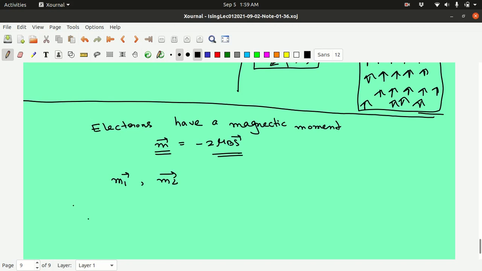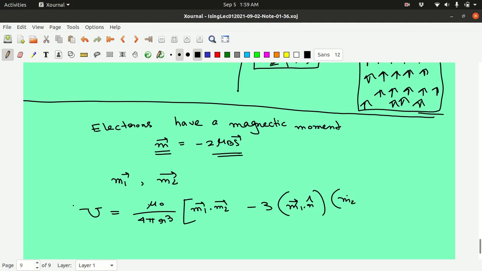Then the energy will be equal to mu 0 by 4 pi r cubed, times the bracket m1 dot m2 minus 3 times m1 dot r cap times m2 dot r cap. Now this formula you are very familiar with, I think; you might have studied it in electrodynamics, the interaction between two magnetic dipoles. This is how it looks.